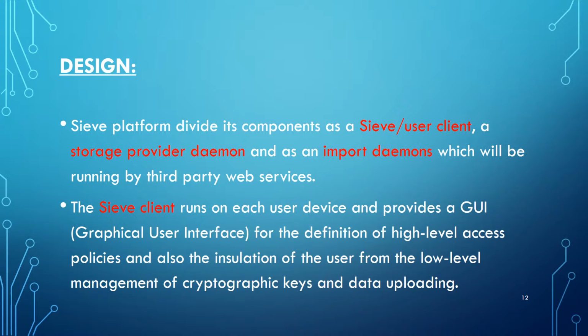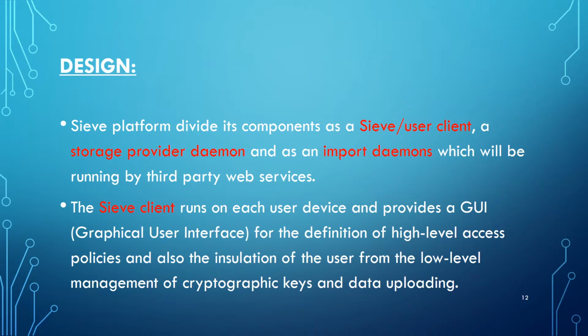Design, it's still design and how it works. The Sieve platform divides its components into the Sieve user client, sometimes called just the user client, a storage provider daemon, and an import daemon, which will be run by third-party web services. The first one, the Sieve client.